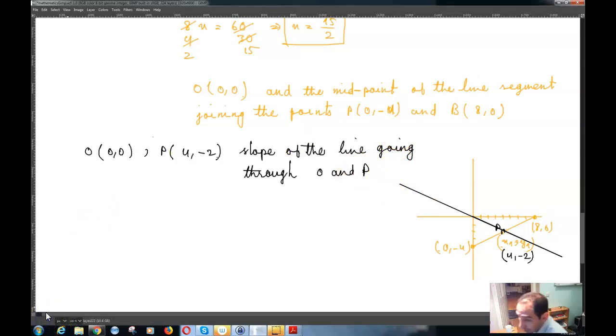Okay, so now that we have the 2 points that we were looking for, we can use them, meaning that one of the points is 0, 0, the other one is 4, -2, to find the slope of this line over here.